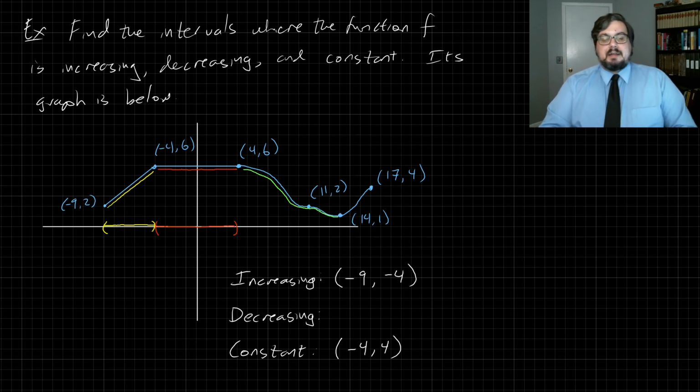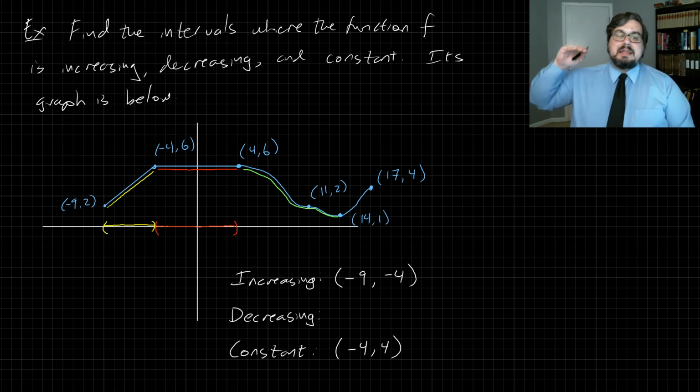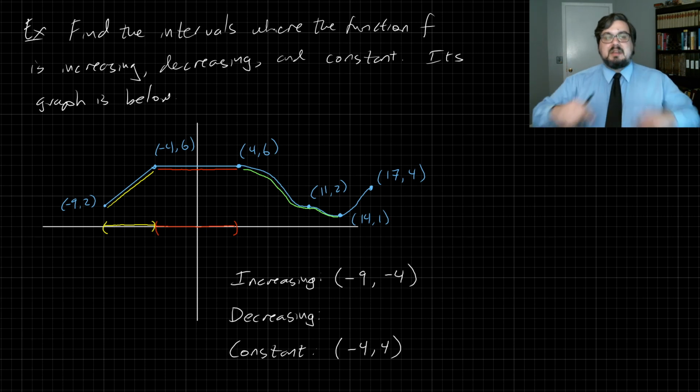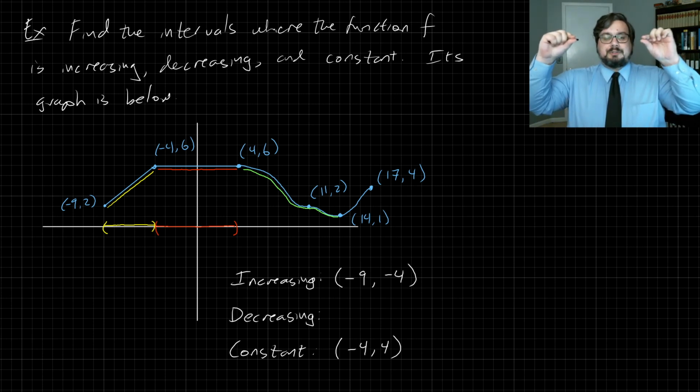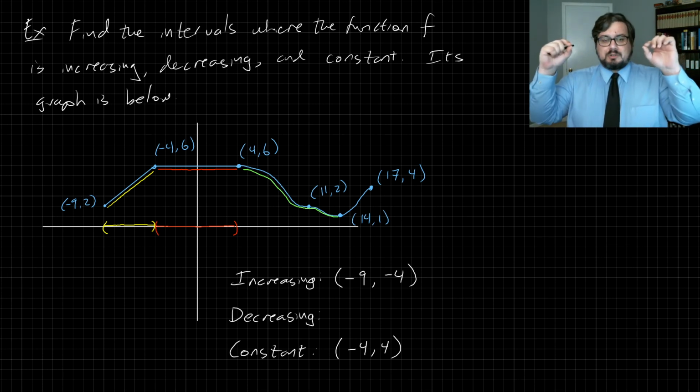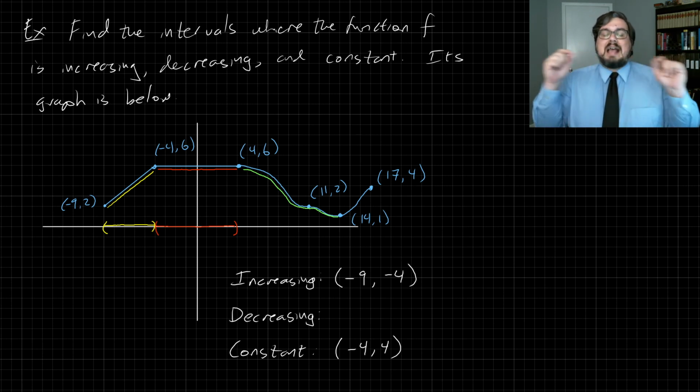So in this case, even though the graph flattens out instantaneously there when x equals 11, it's still continuing to decrease because we never get a solid segment of horizontal graph like we did on the previous interval. We don't actually say that the function is constant on any interval here.